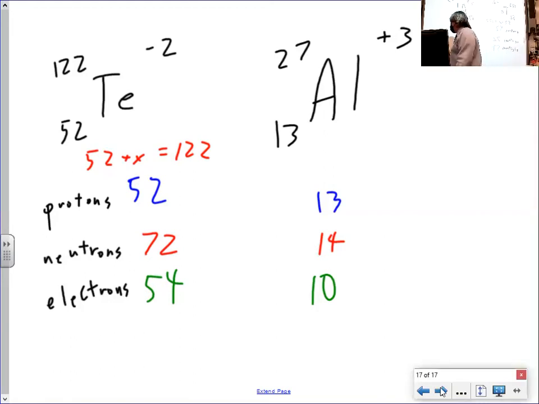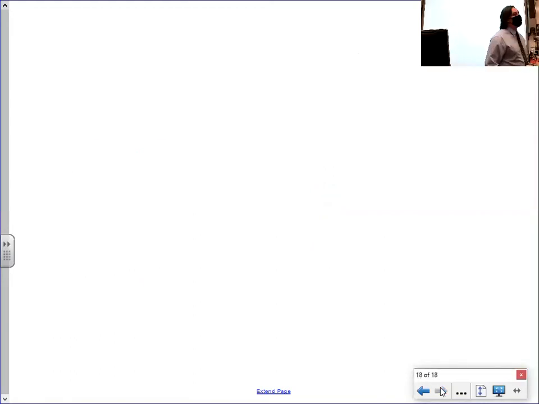Now, how your electron configuration on your test is going to be tomorrow is I'm going to give you an electron configuration, and I'm going to ask you what is wrong with this electron configuration. Okay? So let me give you an example. I'm going to write the electron configuration for nitrogen.